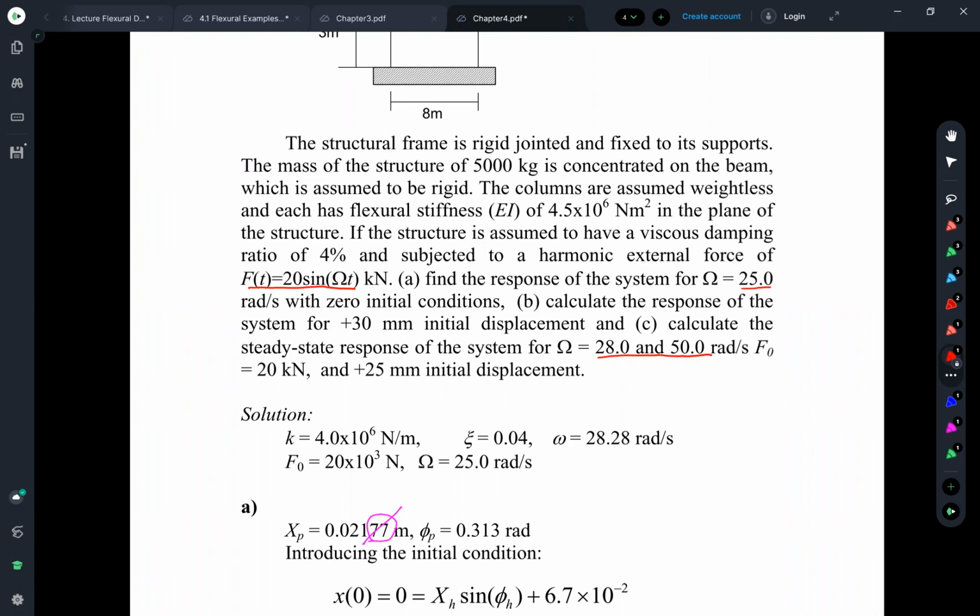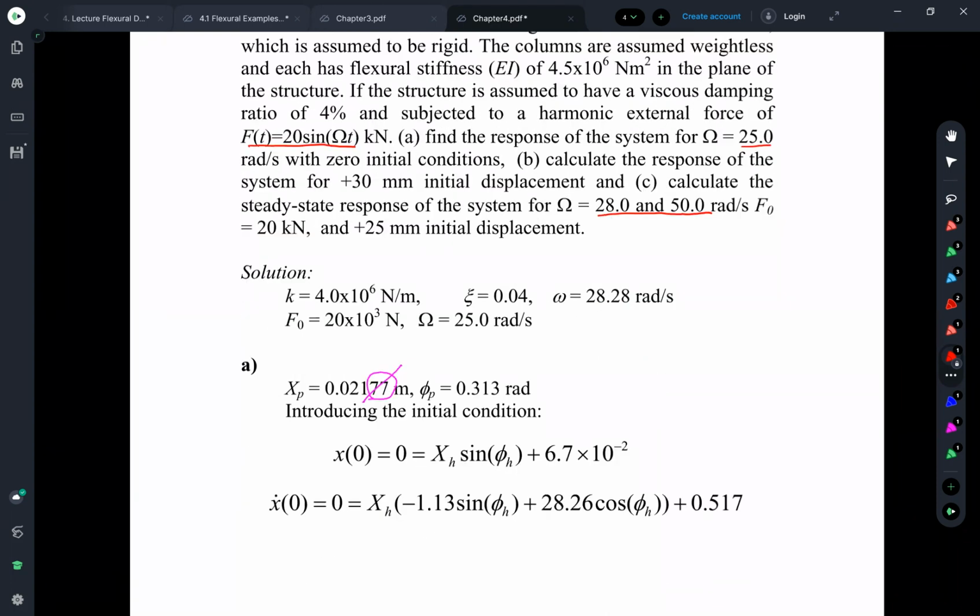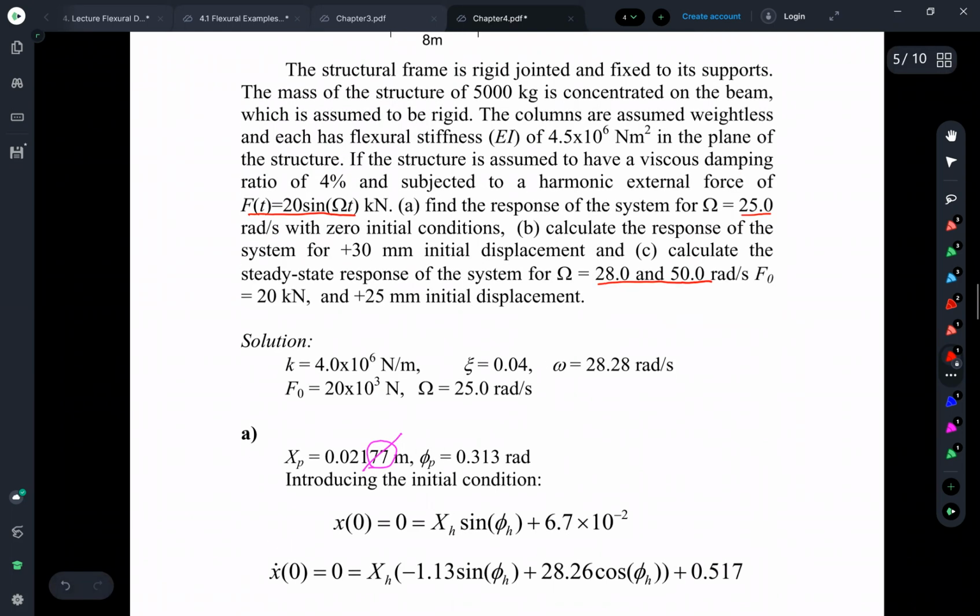Starting with A, find the response of the system when Ω is 25 radian per second with zero initial conditions. Look, I have the property of the K, right? You can compute the K, you know the small omega ω is the square root of K over M, right?